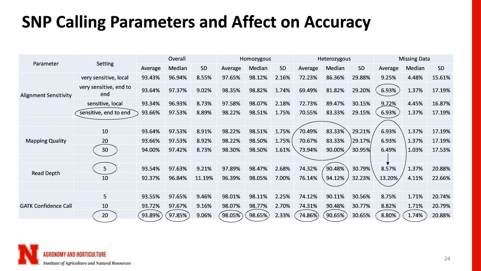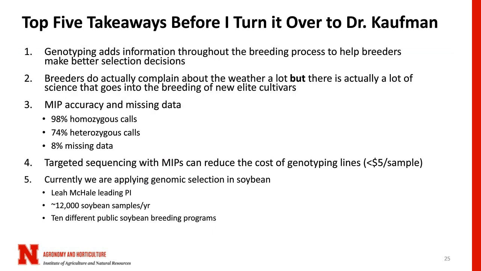So I think with a higher X coverage, that will decrease our missing data quite a bit. So overall, before I turn this over to Dr. Kaufman, just some top 5 takeaways here. Genotype data does add information throughout the breeding process to help breeders make better selection decisions. Breeders do complain a lot about the weather, but there is actually a lot of science that goes into breeding.